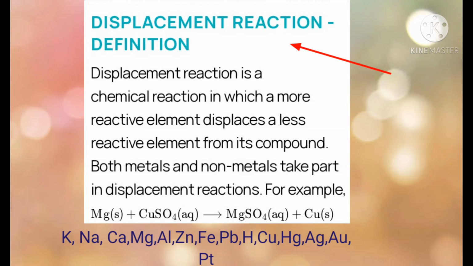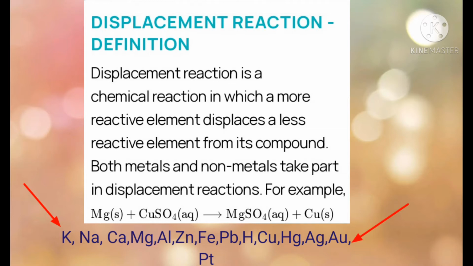In order to know the displacement reaction, we must know the metal activity series which is given below. Here the metals are arranged based on their decreasing order of reactivity. The most reactive elements are potassium and sodium. Potassium and sodium are almost equally reactive.